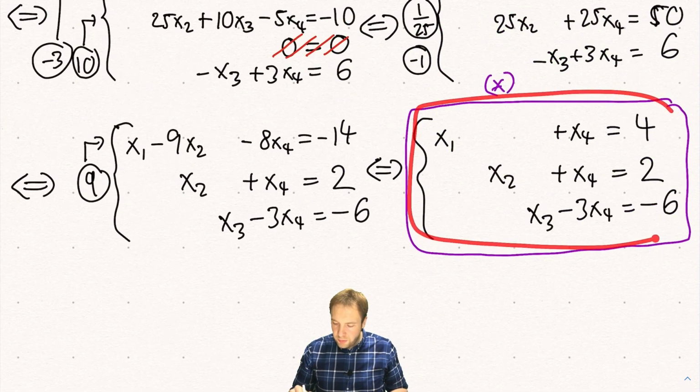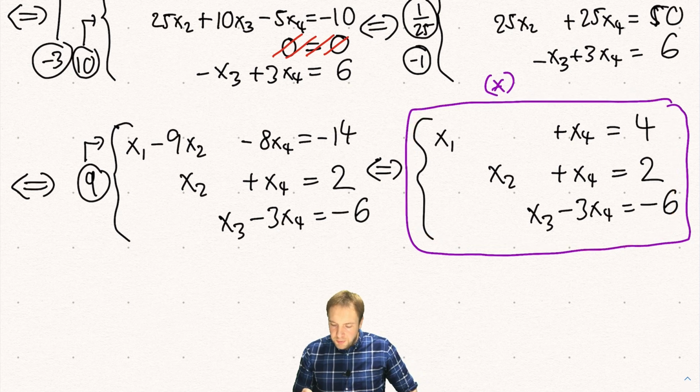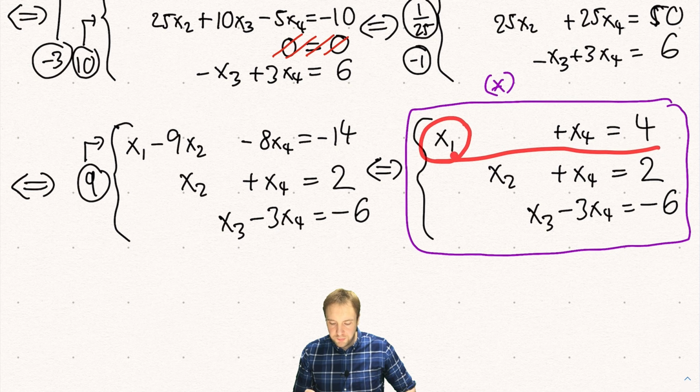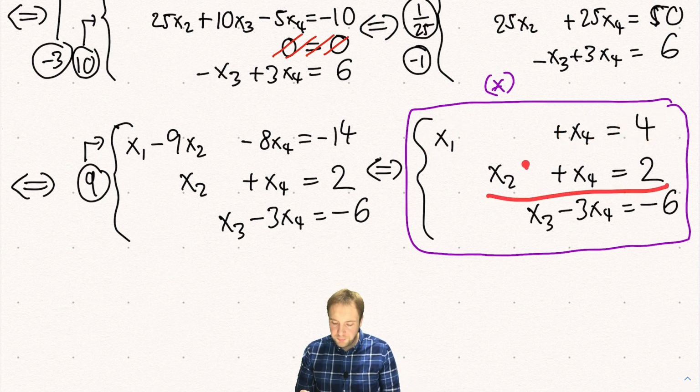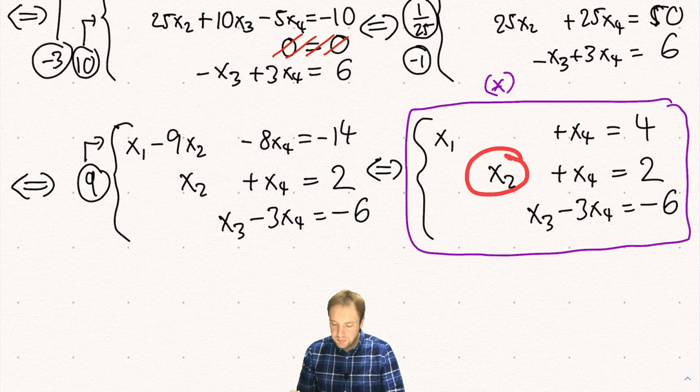But here we can already see what the solutions are, because the first equation is the only equation which contains x1. So this x4 could be anything. If we know a value for x4, we can also get a value for x1 because we just subtract the x4 from the 4. And in the second equation, x2 is the only variable appearing in the second equation. So also here, if x4 has some value, we can get the value of x2 by subtracting x4 from 2.